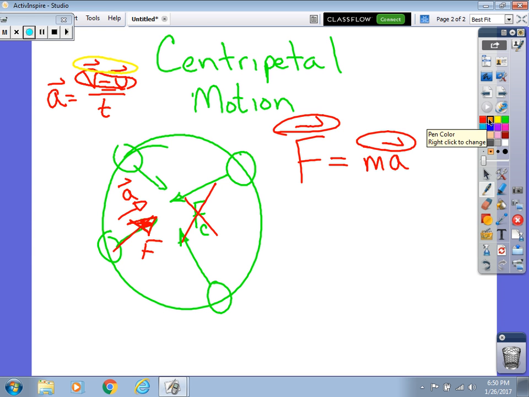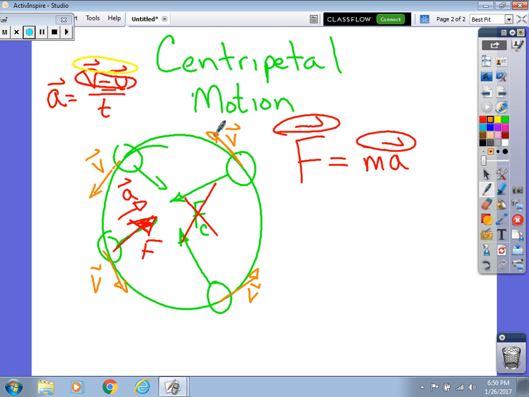This thing travels along at a constant speed, and its speed never changes. But remember, velocity is speed with direction. And while these may have the same magnitude, it may be traveling 10 meters per second the entire way around, so its speed never changes. What is changing is its velocity.